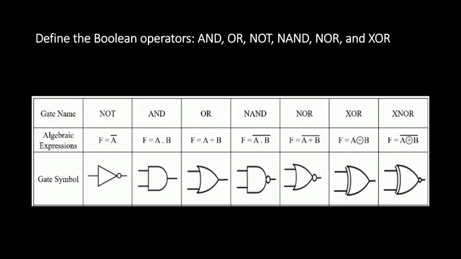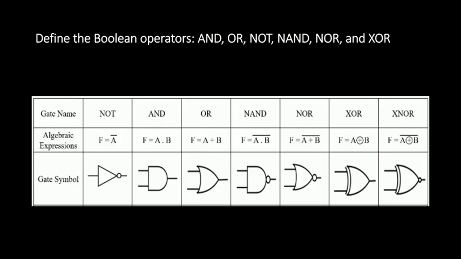An OR gate requires only one of the two inputs to be true, or at a 1, in order to yield a positive output. A NAND is the combination of a NOT and an AND gate. A NOR means it will yield a positive output if none of the inputs are true.